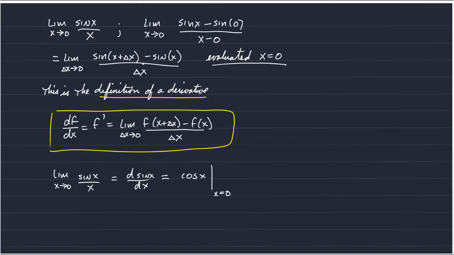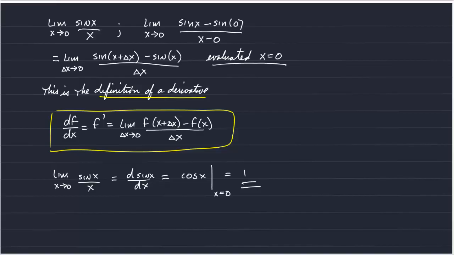As we showed that this limit has to be equal to the derivative evaluated at x equals 0, and the cosine of 0 is equal to 1. So we've solved this indeterminate form of a limit using the definition of a derivative.